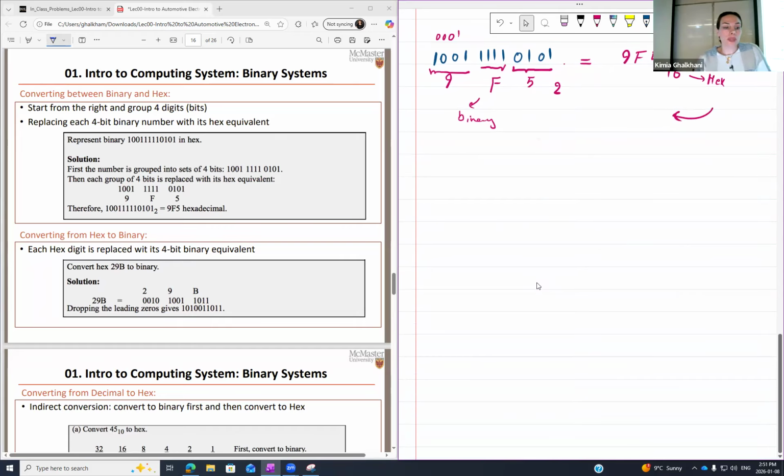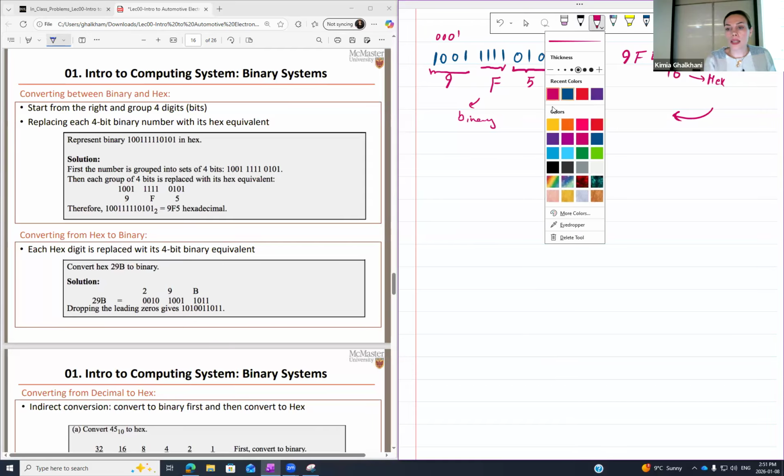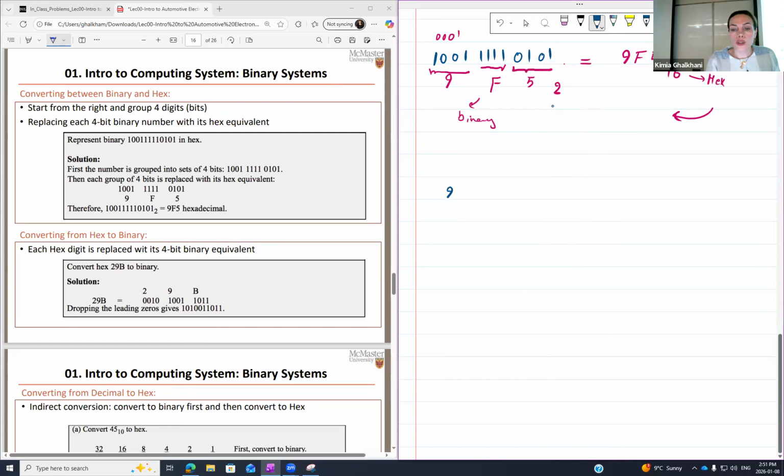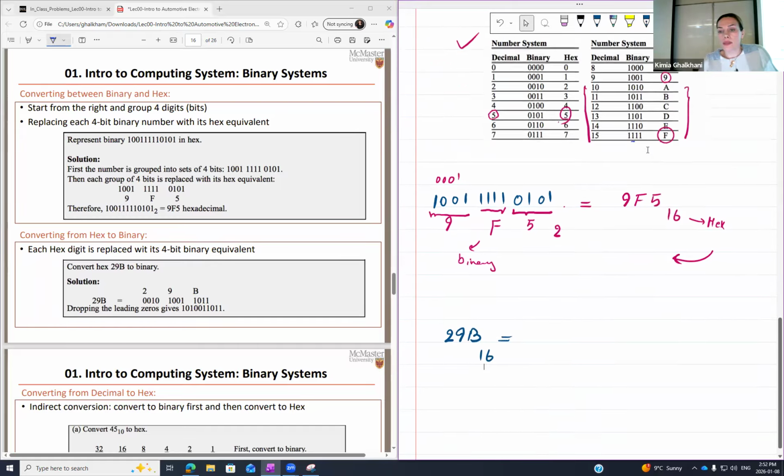Now I'm having another number. Let's say I have 29B. 29B is base 16, means it's hex. I'm going to convert it to binary. What do I do? I look at my table. What is 2? 2 is 0010.